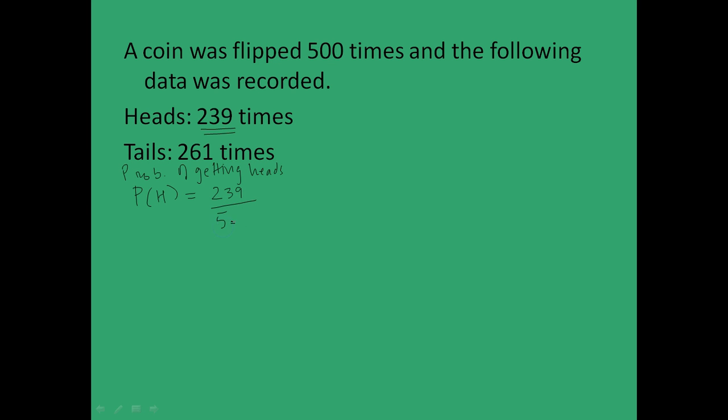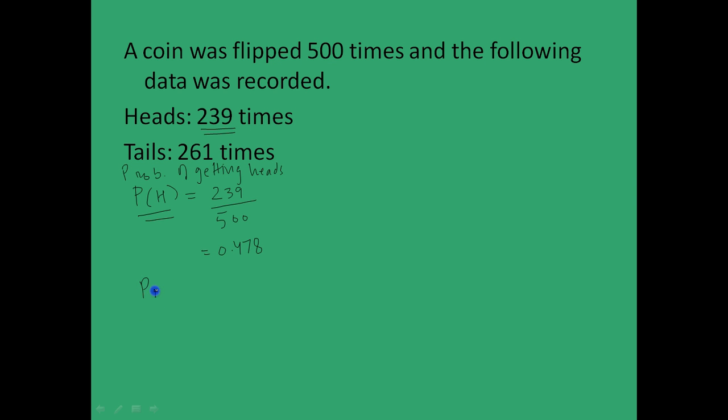So that is 239 by 500, which turns out to be 0.478. So 0.478 is the probability of getting heads, or the empirical probability of getting heads.